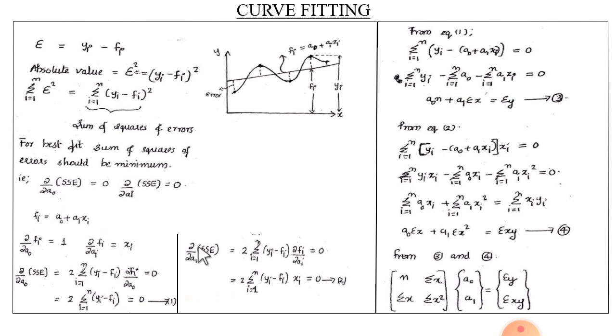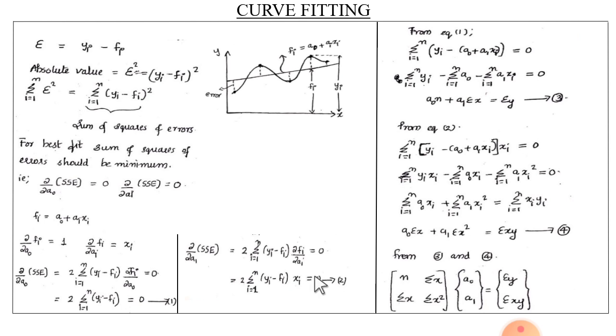Again differentiating SSE with respect to a1, you will get 2 into sigma i equal to 1 to n (yi minus fi) into dou fi by dou a1 is equal to 0. So you can get it as 2 into sigma i equal to 1 to n (yi minus fi) into xi equal to 0.